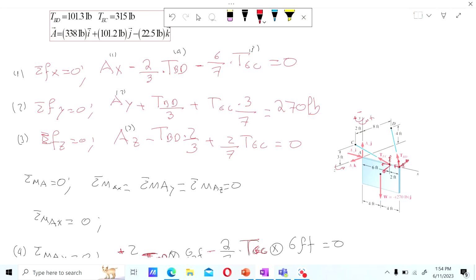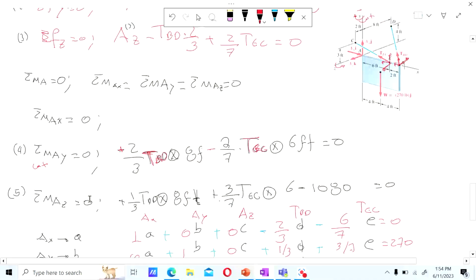When you set up your moments, just get the magnitude of the force and check what rotation you're getting from the force. That's how you get your system of equations from the moments.